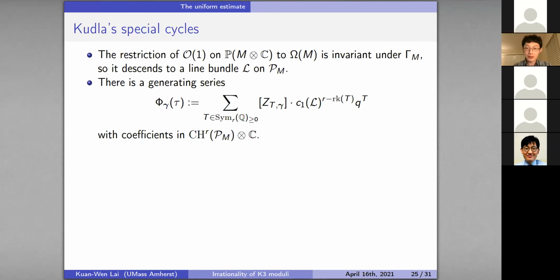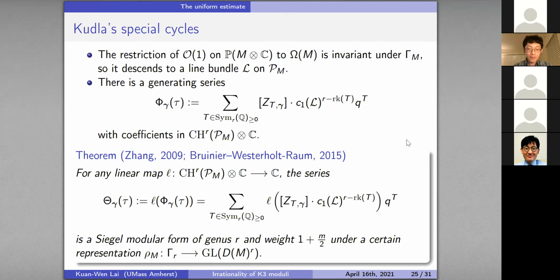Remember, the special cycle has codimension the same as the rank of T, and so we need to multiply with something to make the coefficients cycles in the Chow group of codimension R. This summation runs over all the symmetric matrices T, which are semi-positive definite, in rational numbers.